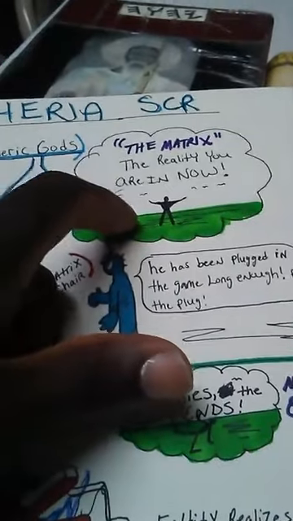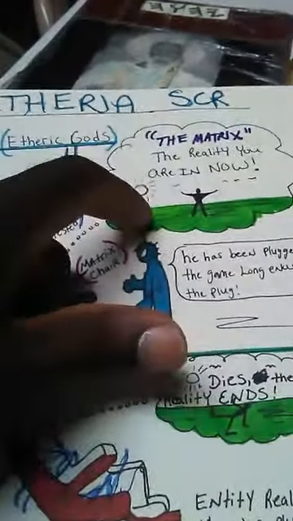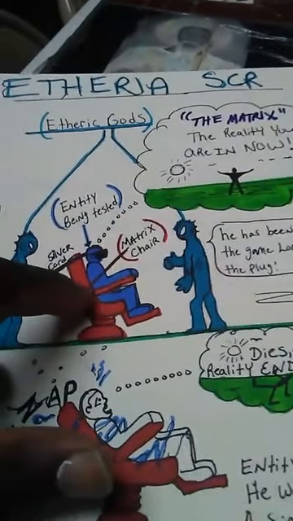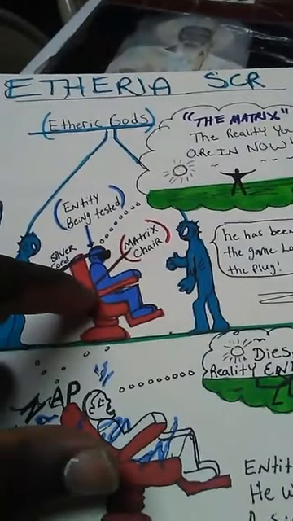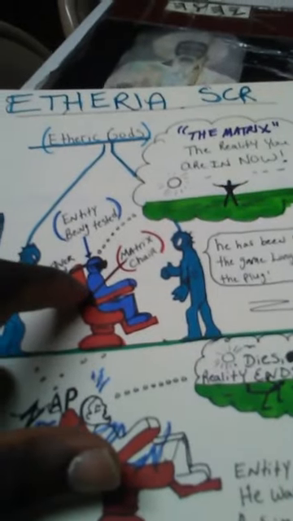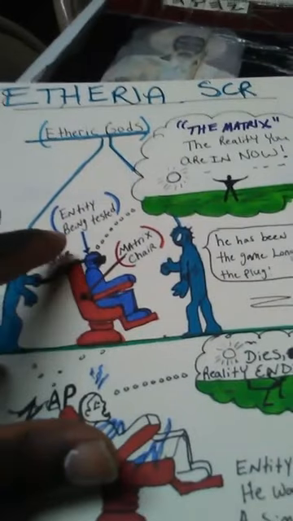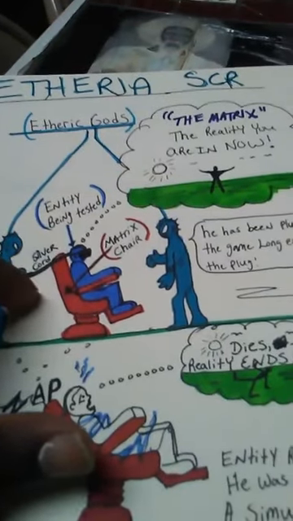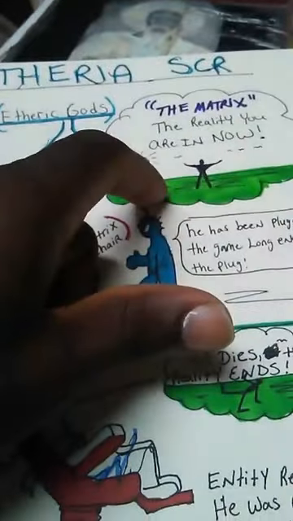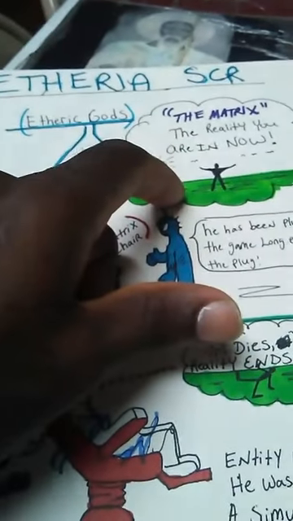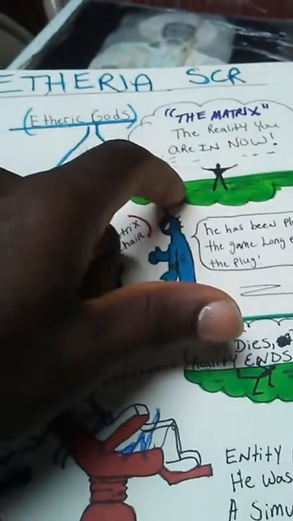It's nothing but a virtual game, as you can see. And actually, this is you that is sitting in the matrix chair, and you are going through this virtual game because you have been plugged up to this chair to be tested by the etheric gods. So the reality that you are in now is actually this virtual game that's simulated.